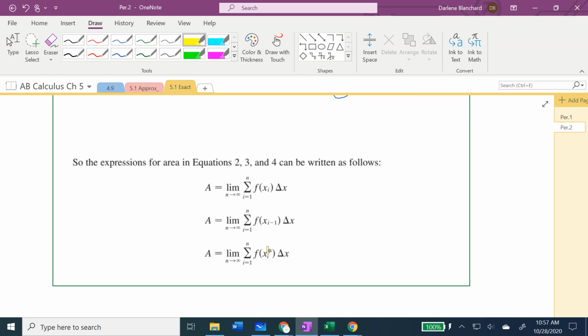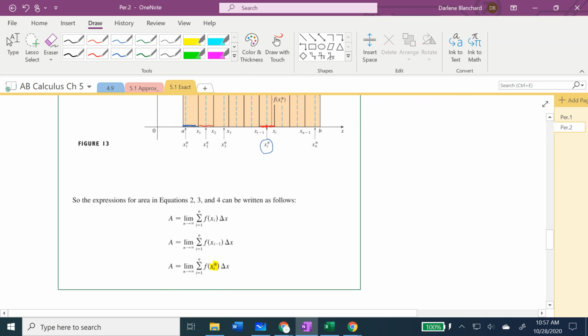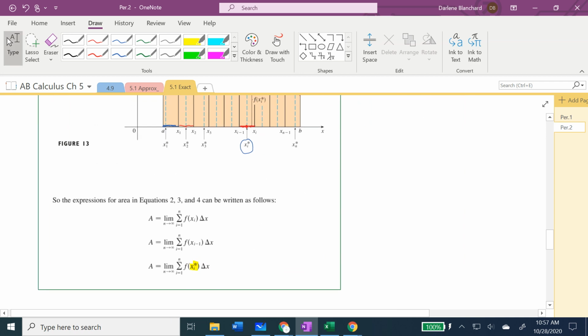So essentially, it's x sub i star, not necessarily just the right x coordinate of each interval. So that's what I wanted to clarify: we don't have to use the right endpoint, and your textbook is going to write x sub i star to represent anywhere from the left to the right x coordinate of each subinterval. All right, so that's it.